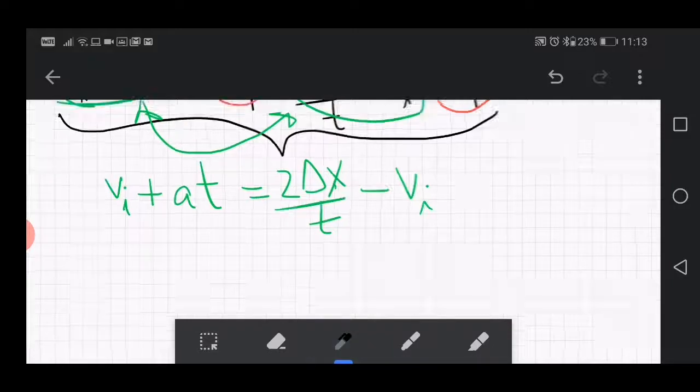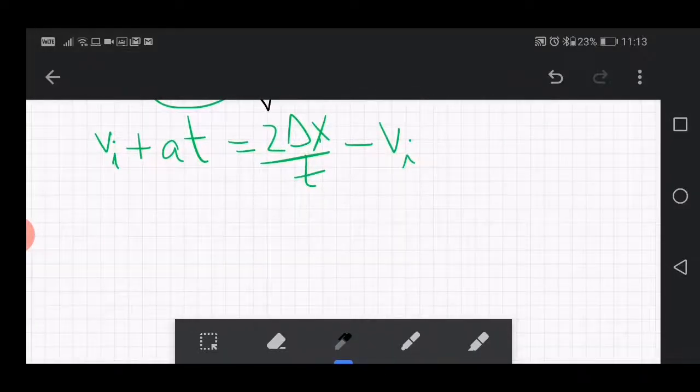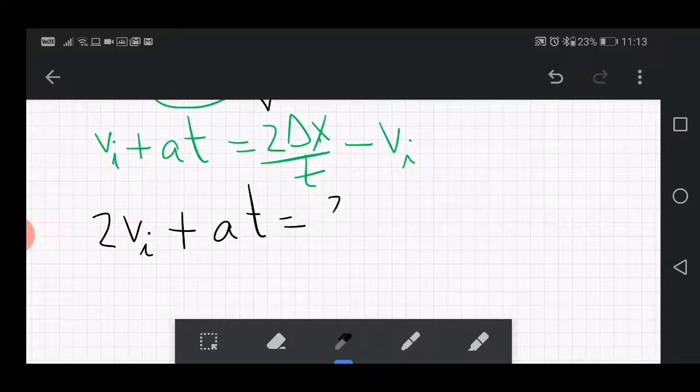Now, if we were only interested in getting this formula, we would be done. But right now, we want to write it in a nice form. So let's say, for example, that you add similar terms. Twice initial velocity plus at is equal to twice displacement divided by time.